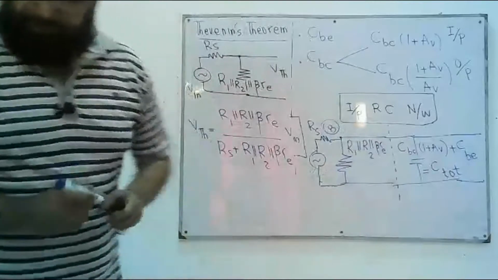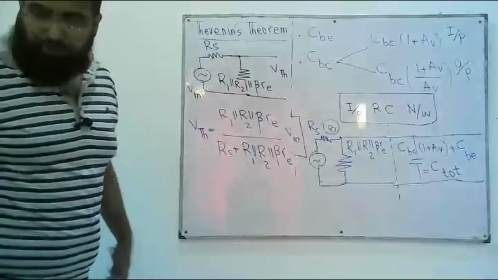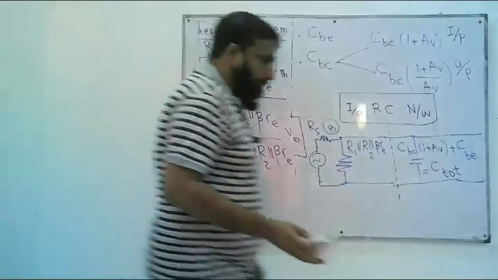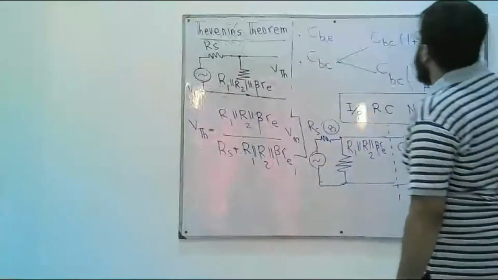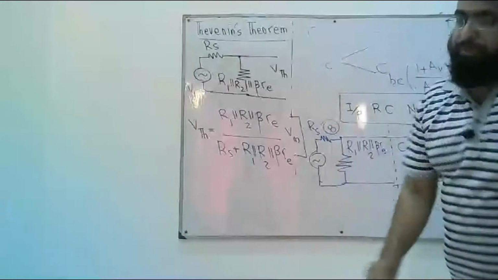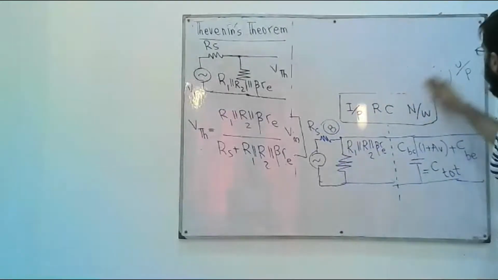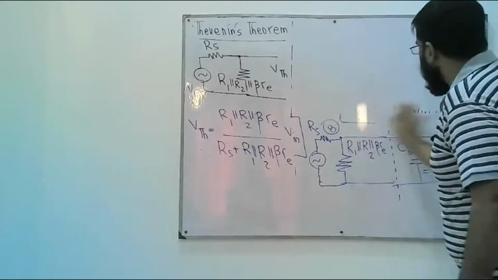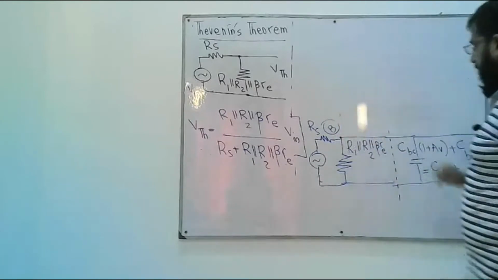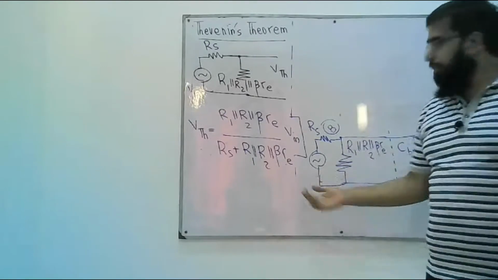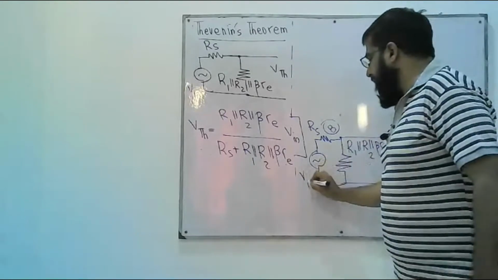And what's next? The next is to find R Thevenin. And how do we find R Thevenin? From elementary classes, from circuit analysis, we know that to find R Thevenin, we remove the load and we replace sources with their internal impedances.